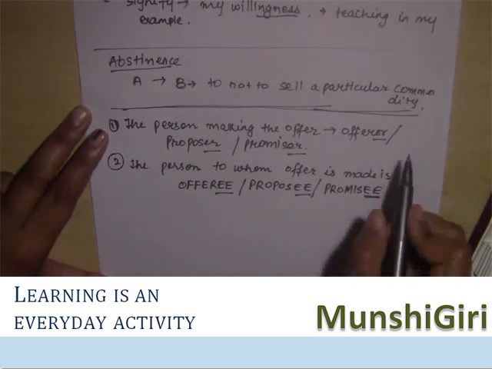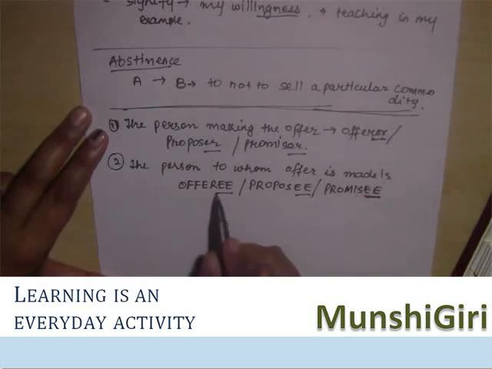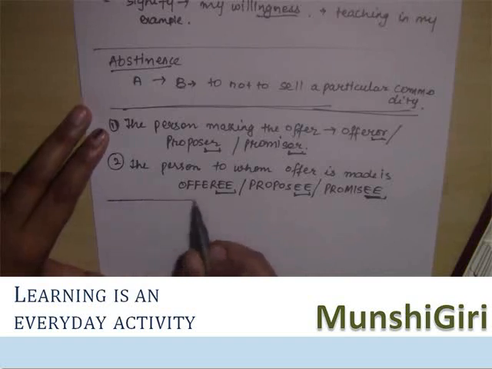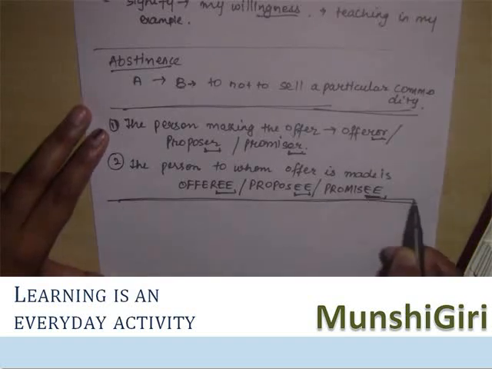So you see, here we had offerer, offeree, proposer, proposee, promisor and promisee. In our previous teaching example, I am the offerer, proposer or promisor, and you are the offeree, proposee or promisee.